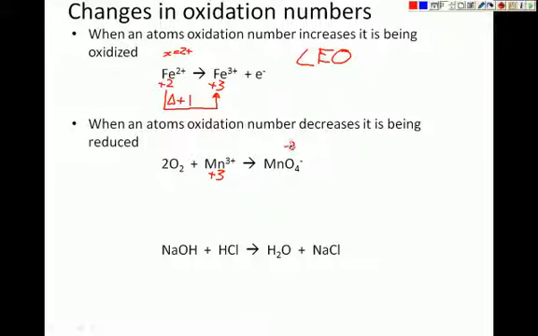So times 4, that's going to be minus 8, and that's going to equal minus 1. And this is going to be added to Mn, which is X on this one. So X plus minus 8. So how does that have to be? It has to be plus 7. So Mn right here is plus 7.